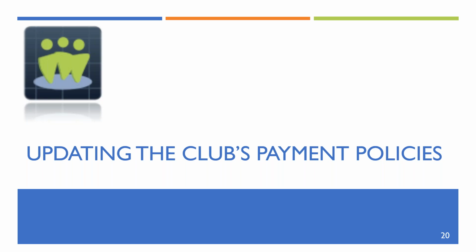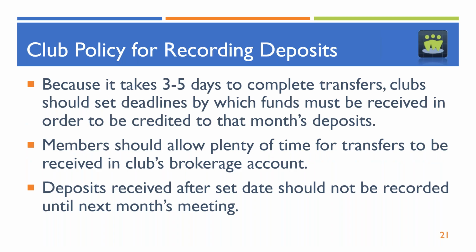So if you are using different methods for collecting member payments than the old-fashioned paper checks, I think it's important that the club review its policies for recording deposits. Typically, these kinds of transfers take 3 to 5 days to complete.